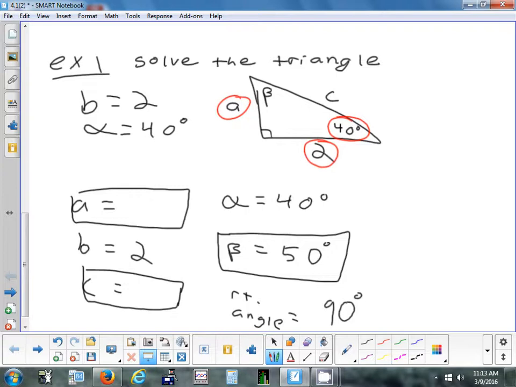All right. Now, at this step, we have to pick a trig function. You have 3 choices: either sine, cosine, or tangent. The way you figure out which one to use is look at the 40-degree angle and figure out the names of these 2 sides using the words opposite, adjacent, or hypotenuse. From the perspective of the 40, what side is A?